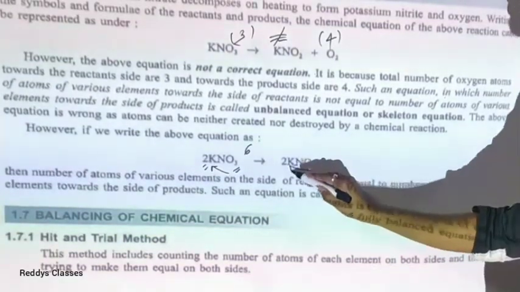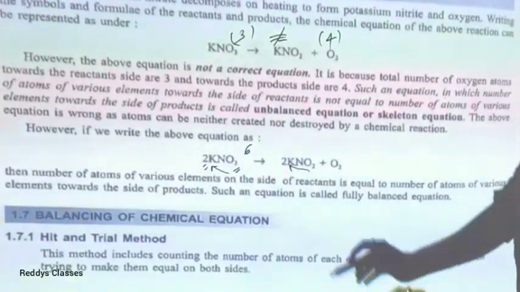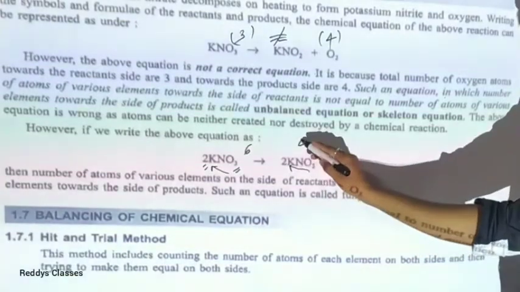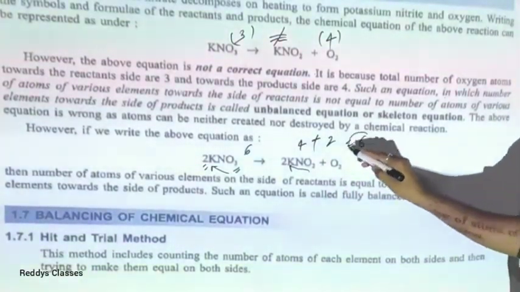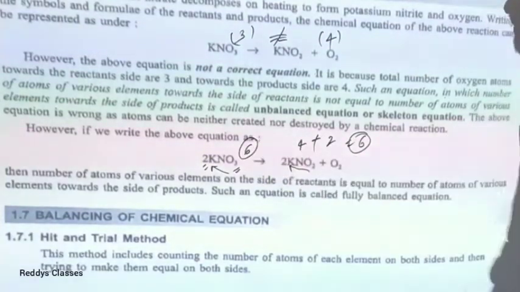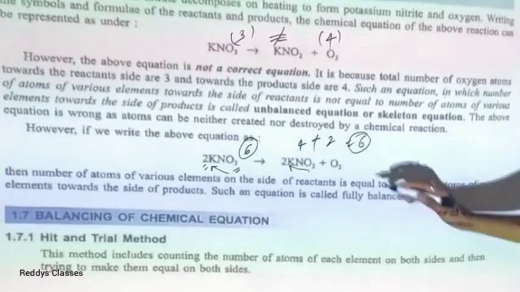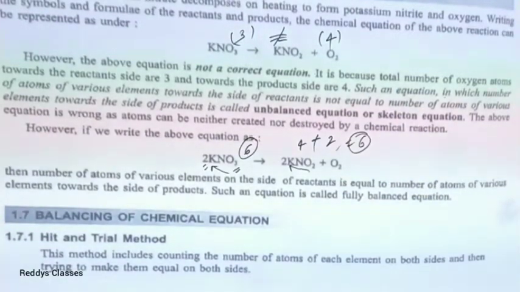Here this 2 into 2 for oxygen, we are talking about oxygen. 3 2s are 6, 2 2s are 4, plus here is 2 oxygen, 4 plus 2 is 6. So on the reactant side we have 6 oxygen. On the product we have 6 oxygen atoms. Thus this is called a fully balanced equation.